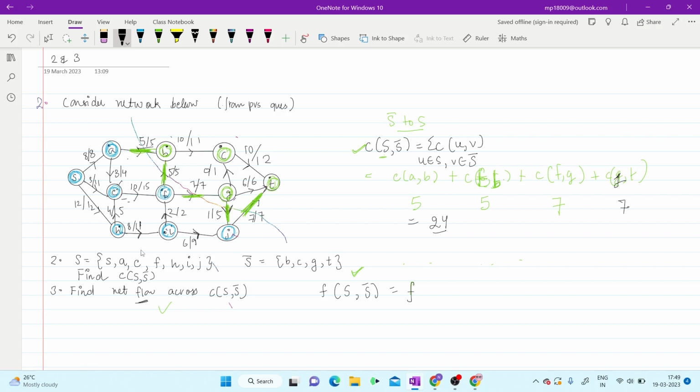So we just have to worry about the edges whose one vertex is in S and other vertex is in S bar.